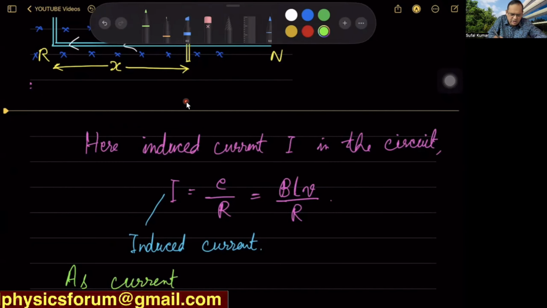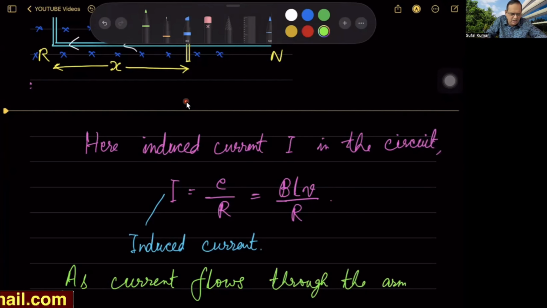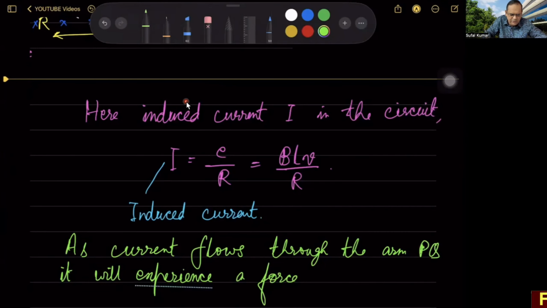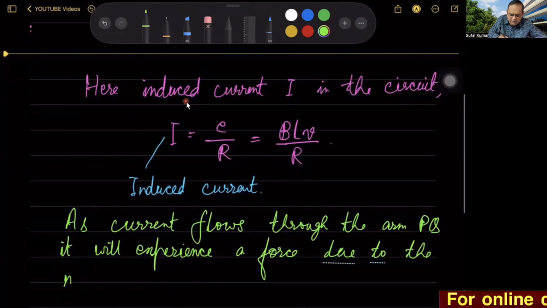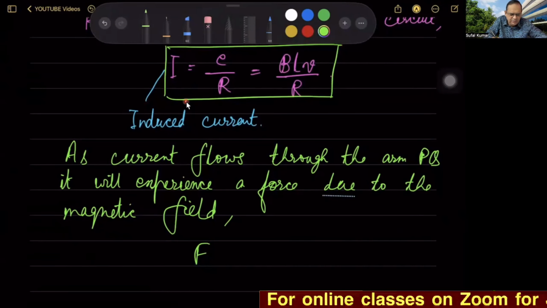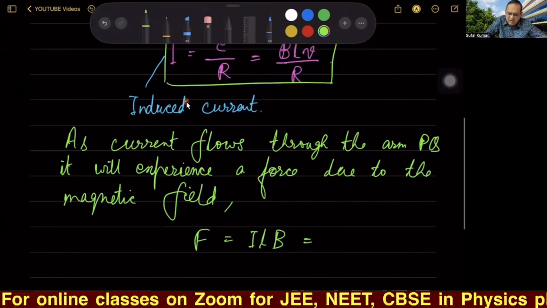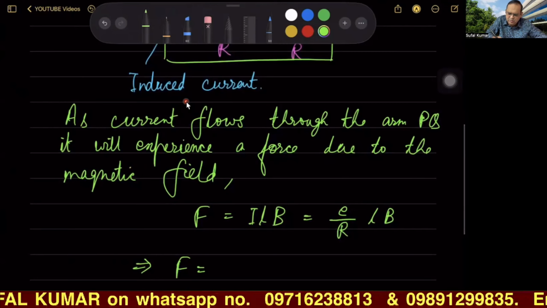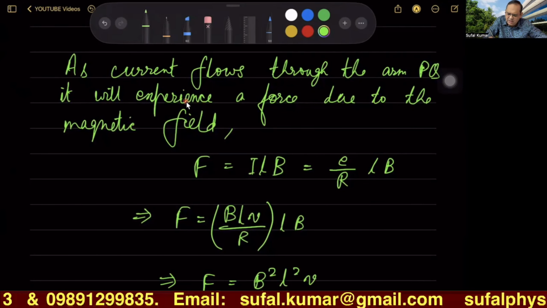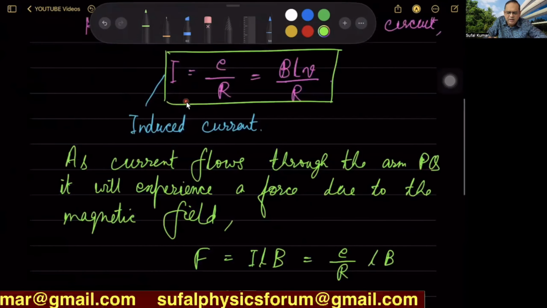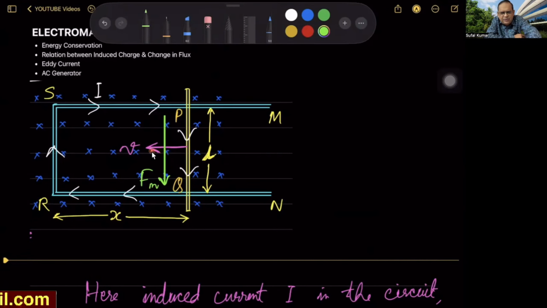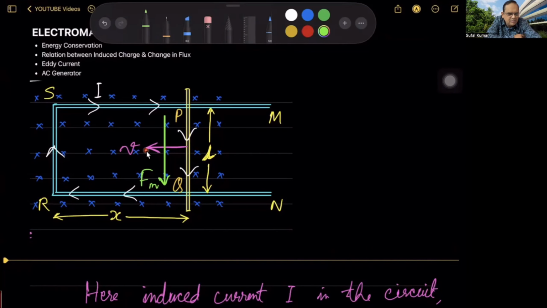So as current flows through the arm PQ, it will experience a force due to the magnetic field. This F is equal to ILB and I is E by R. It implies that F is equal to B square L square V upon R. And in the diagram, we can see speed is in the leftward direction, whereas magnetic force will be in the right direction.